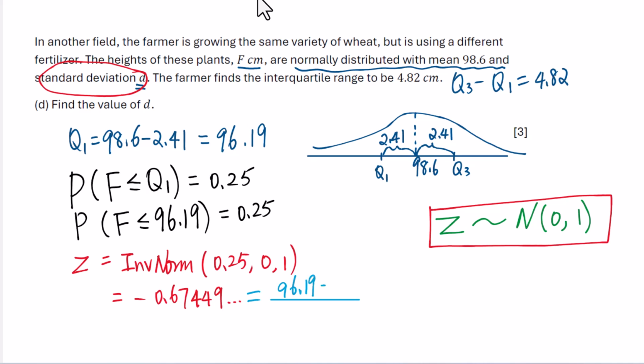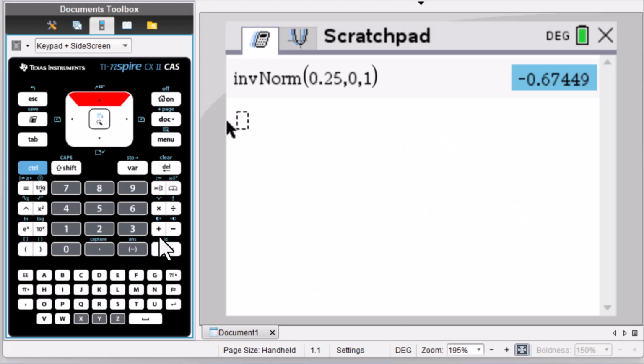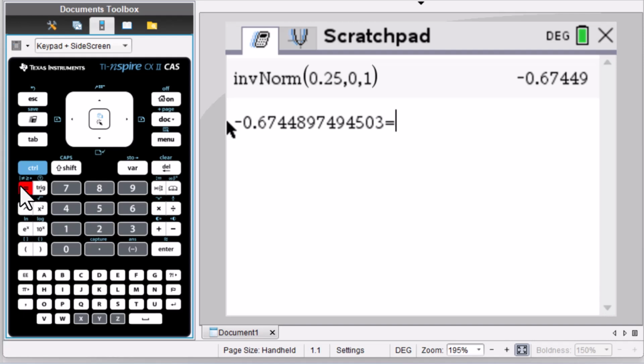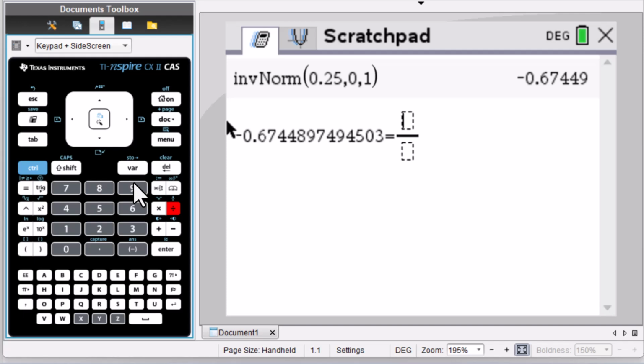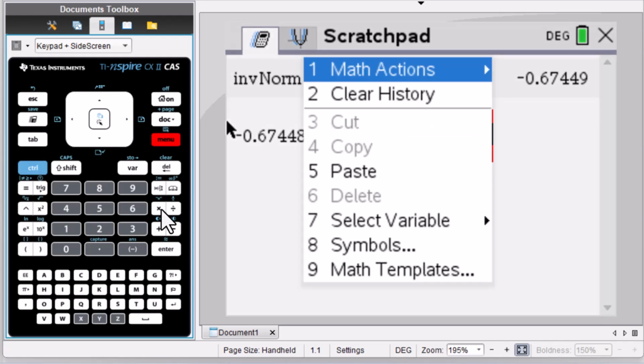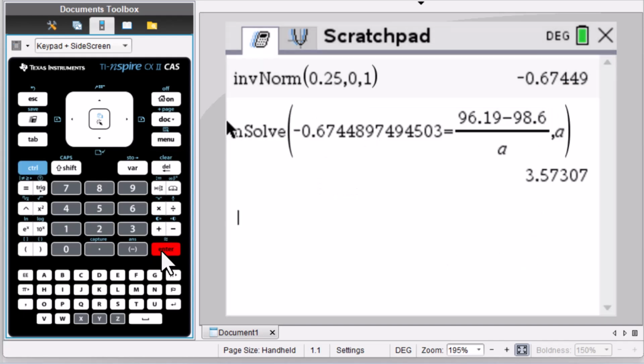This also equals, based on the definition of z-score, 96.19 minus 98.6 over sigma. Go up, down, equals, control divide. 96.19 minus 98.6 over A. Control menu, enter, enter, enter.